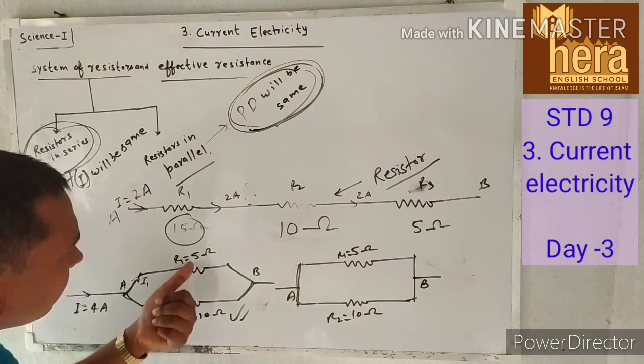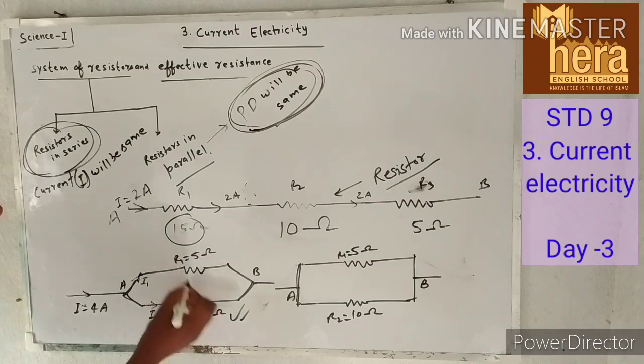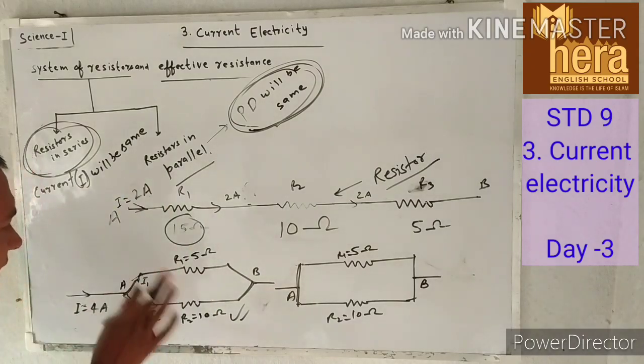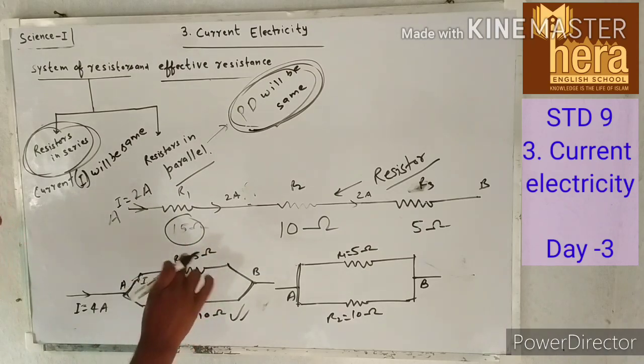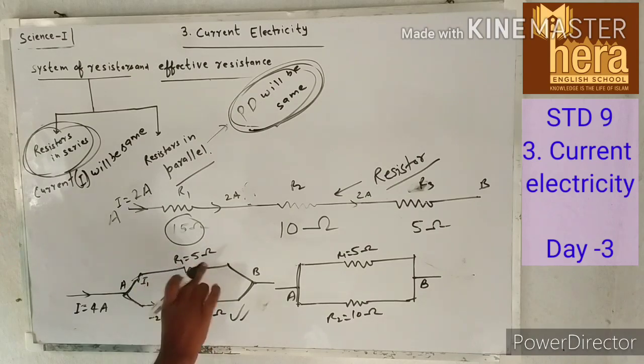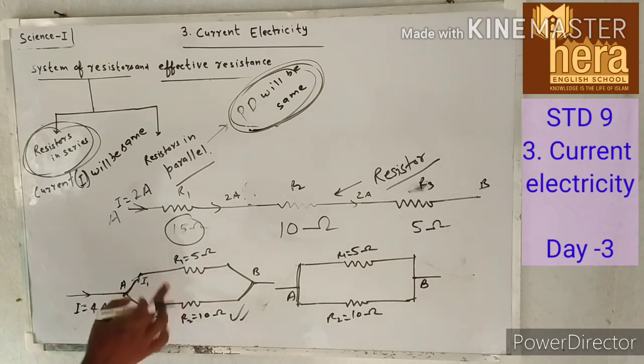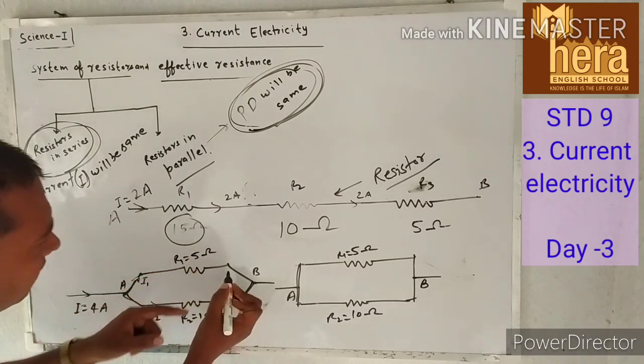If there are two resistors which have the same resistance, in that case I1 is equal to I2. But since there are different values of resistance, 5 ohm and 10 ohm, the current will be different in both branches.